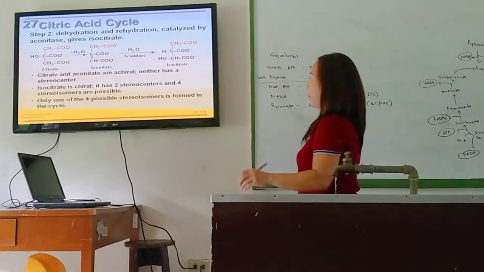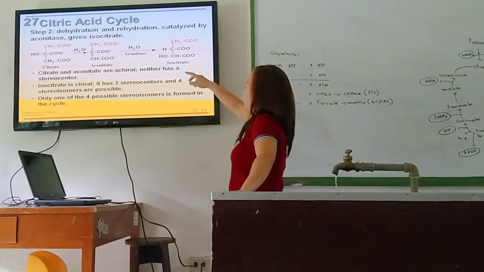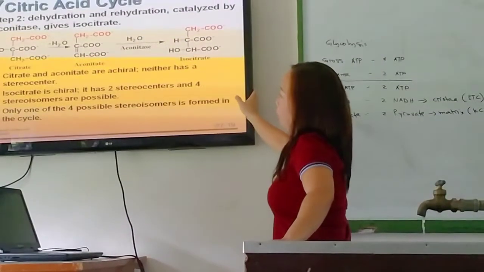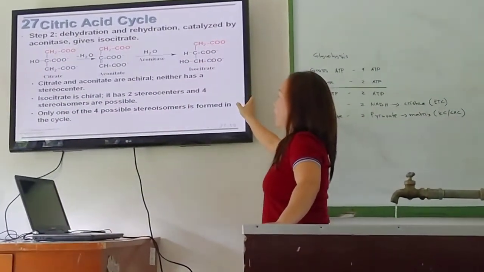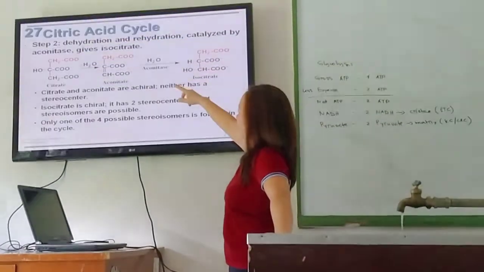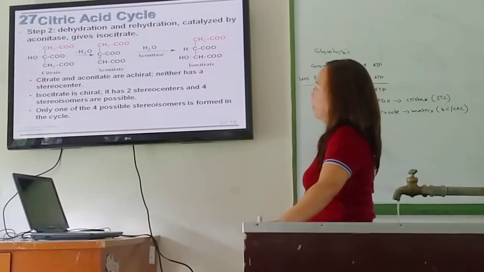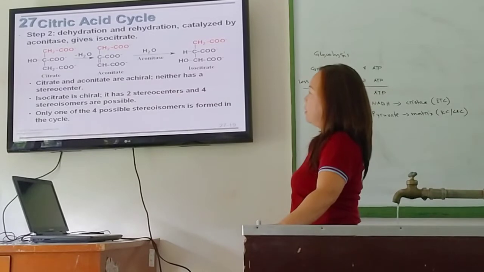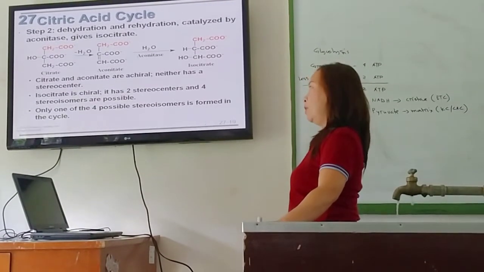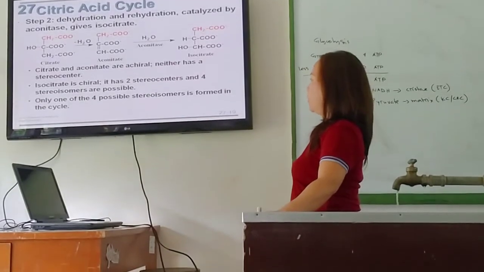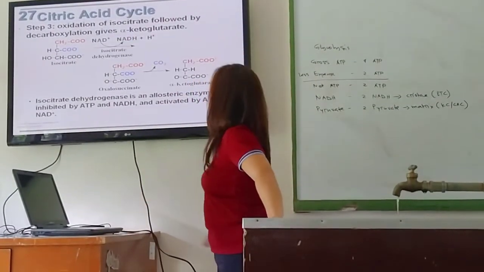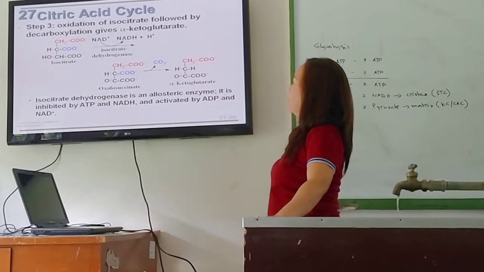So citrate will undergo dehydration and rehydration to produce isocitrate. You have there the cis-aconitate. Okay, so you have here 4 possible stereoisomers. So citrate is now converted into isocitrate.